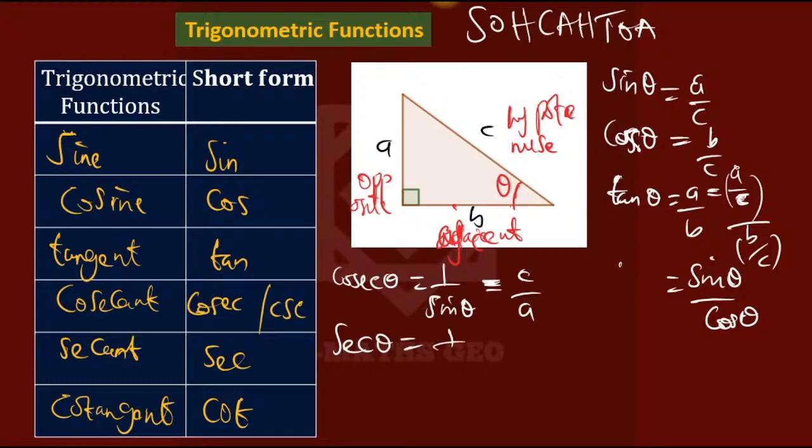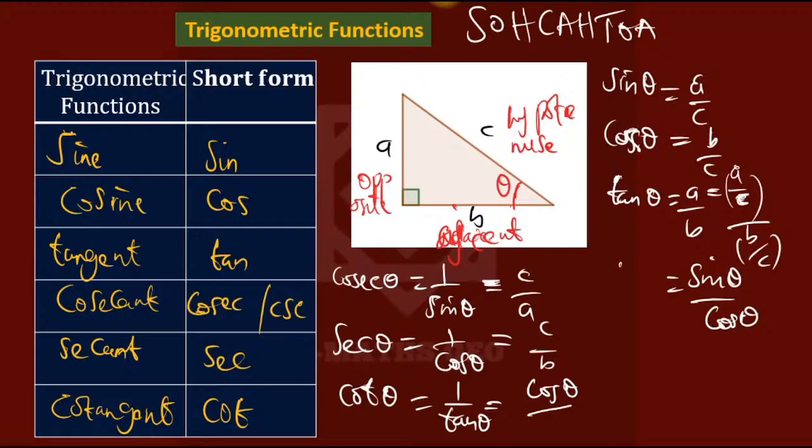Sec theta is 1 over cos, which is C over B. And the last one is cot. Cot is 1 over tan. And from what we've done, since tan is sine over cos, cot will be cos over sine. So these are the 6 trig functions we have.